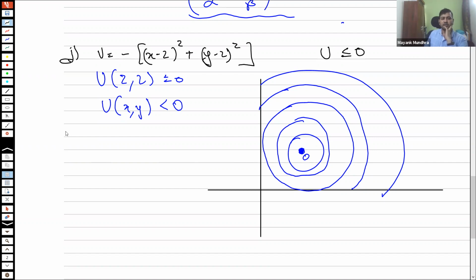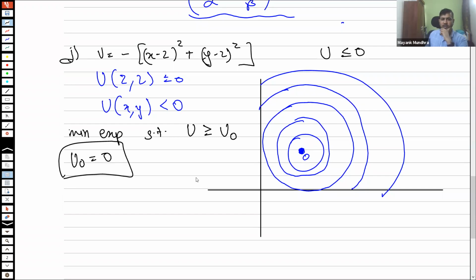I have to go back to the expenditure function. The expenditure function tells me the minimum expenditure such that utility is greater than or equal to some pre-specified level of utility u naught. If the pre-specified level of utility is, let's say, 0, so I specify u naught equals 0, what is the minimum expenditure in which you can reach 0?